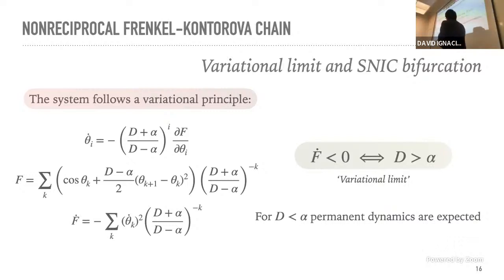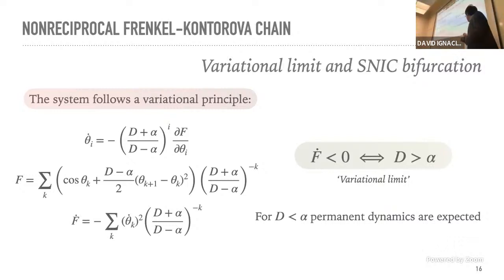And when you compute the temporal derivative of this functional, this free energy, it will decrease only if this d is greater than the alpha parameter. Okay, so whenever d is equal to alpha, we cross this variational limit, and then we don't know what happens with this free energy. Maybe it increases or decreases, we don't know.